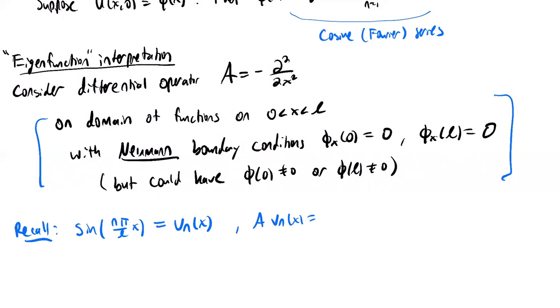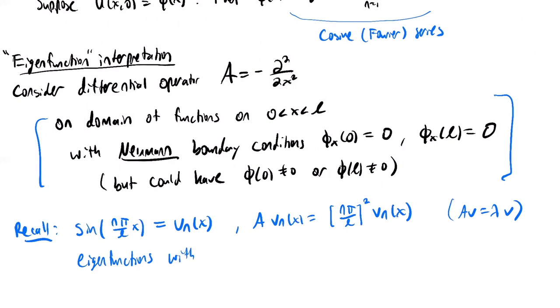So you get n pi over L squared times Vn of x. And so this is like the eigenfunction formula, which should remind you of the eigenvalue formula from linear algebra, where you apply a matrix A to a vector and you get some lambda times the vector. So these were eigenfunctions, but they were eigenfunctions for the problem with the zero boundary condition, not the Neumann condition.